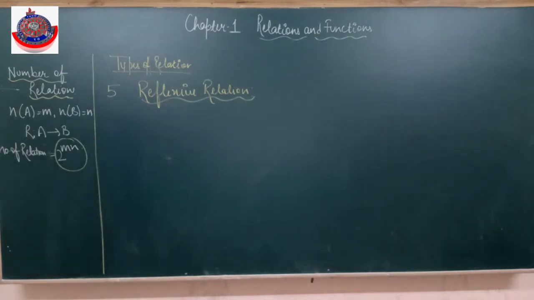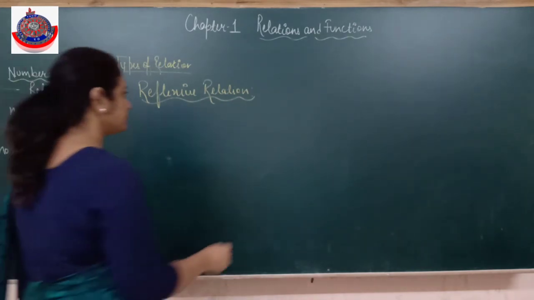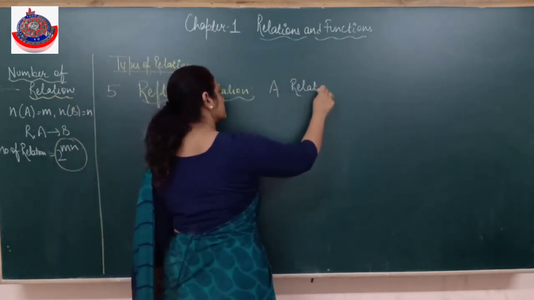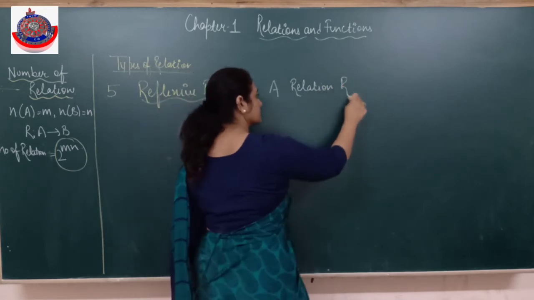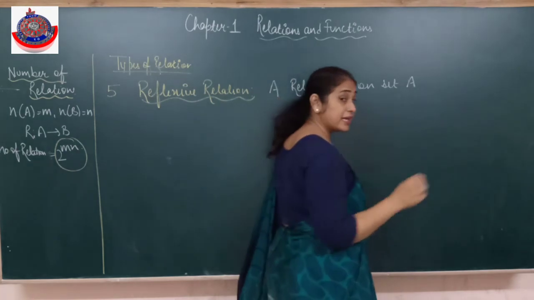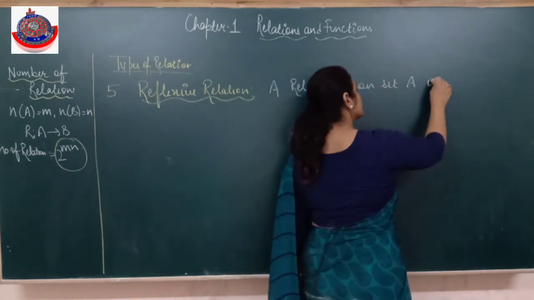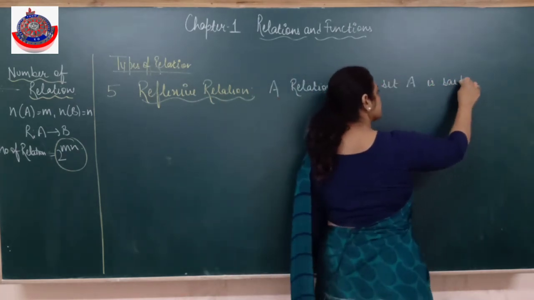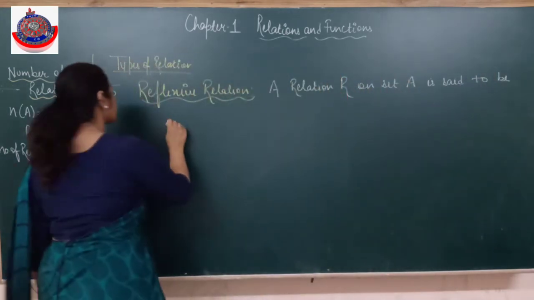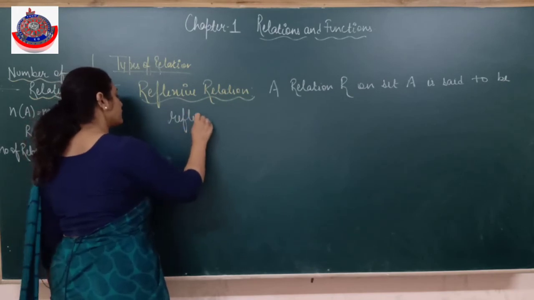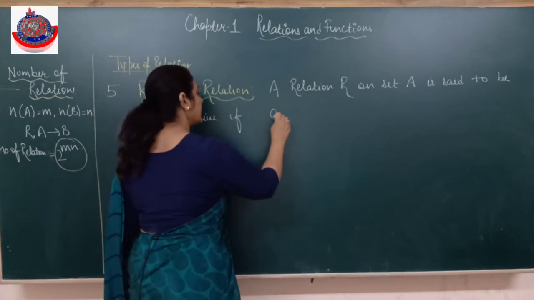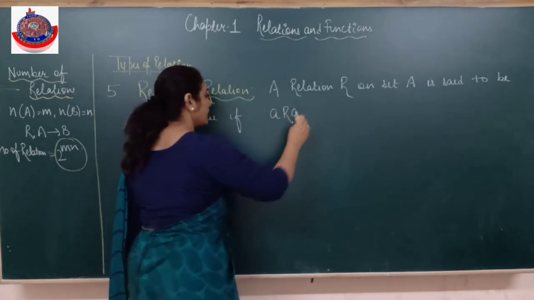A relation R on a set A, that means A to A, is said to be reflexive if A is related to A.